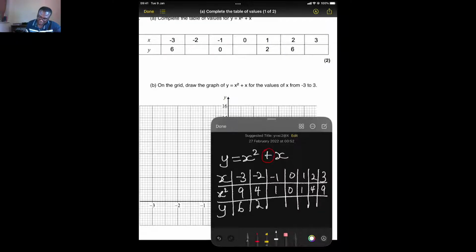This bit will give us 0, that will give us 0, that will give us 2. 2 add 4 is 6, and 3 add 9 is 12. So now we are only interested in these y values against these x values. We'll now go on to the exam paper and try and fill in the bits that we've been able to work out.